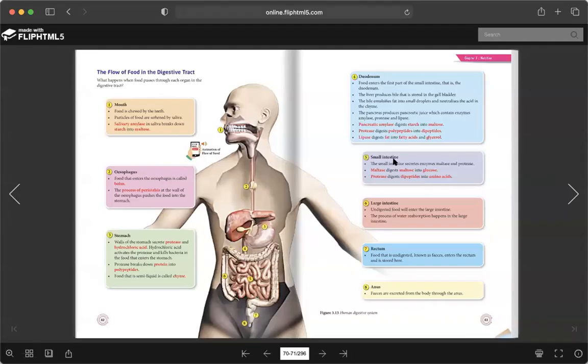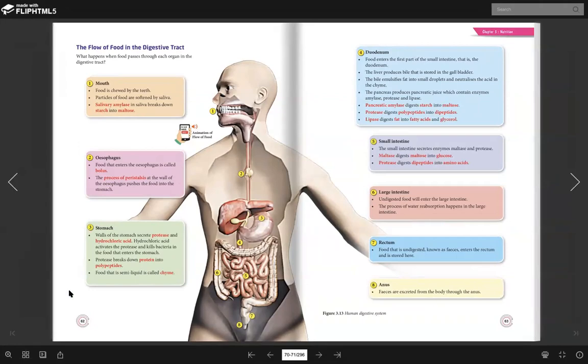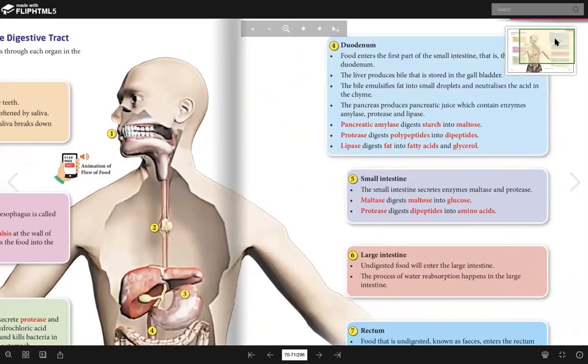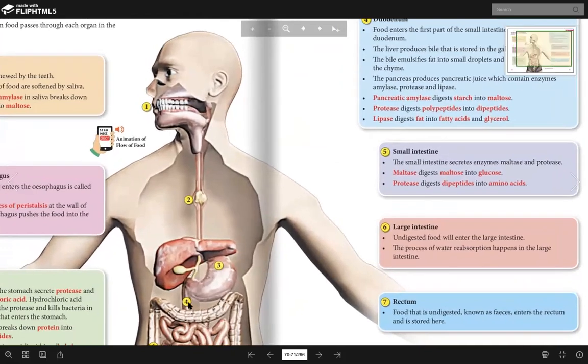Okay guys, we go back to the textbook. This is the duodenum. Look, the liver will produce bile and store it in the gallbladder. This is the liver and this is the gallbladder. The liver produces bile, and the bile is stored in the gallbladder.